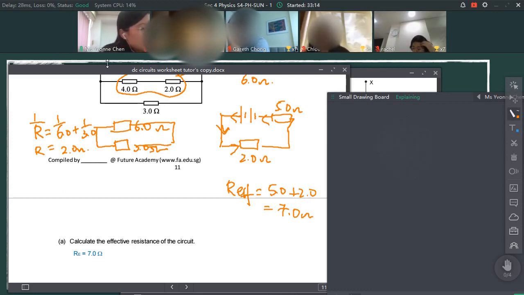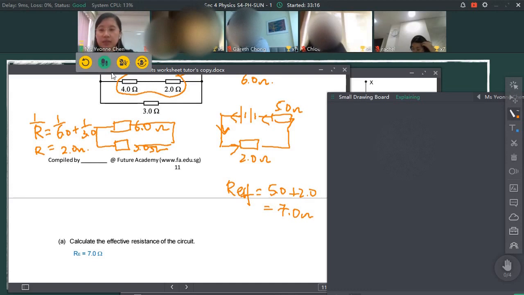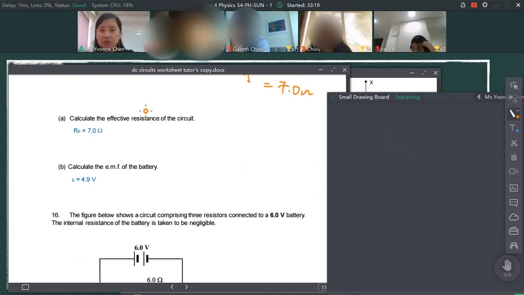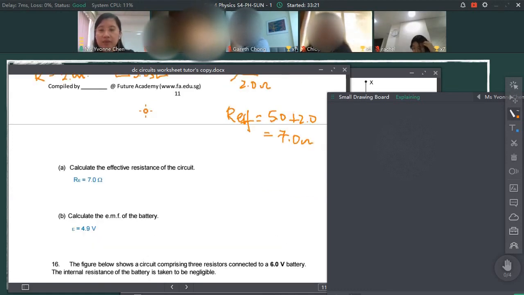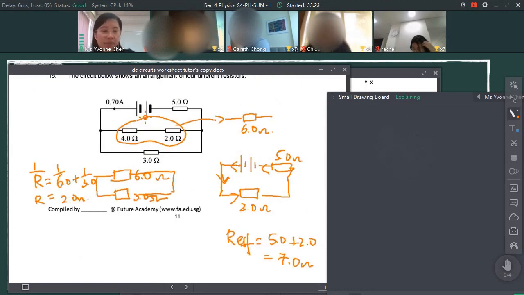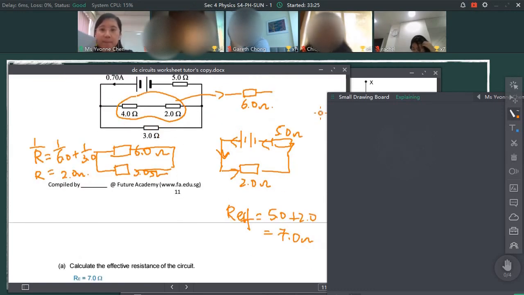Okay, let's move on to the next part. What about the EMF of the battery? We use which formula? I'll give you a few choices.